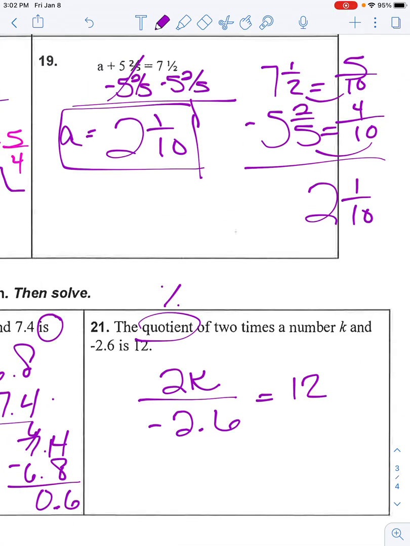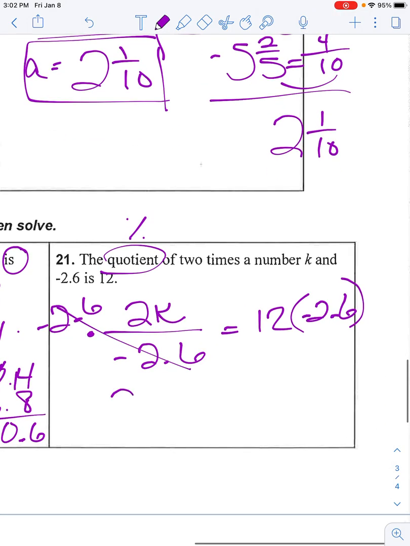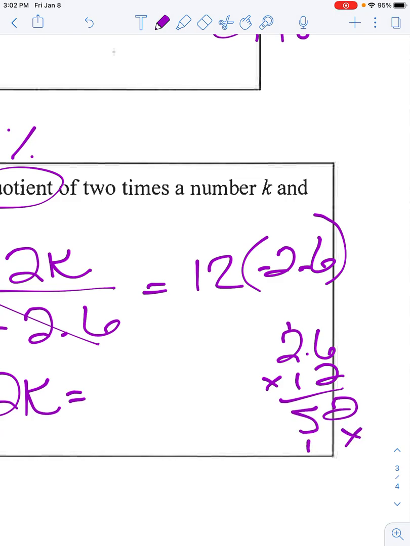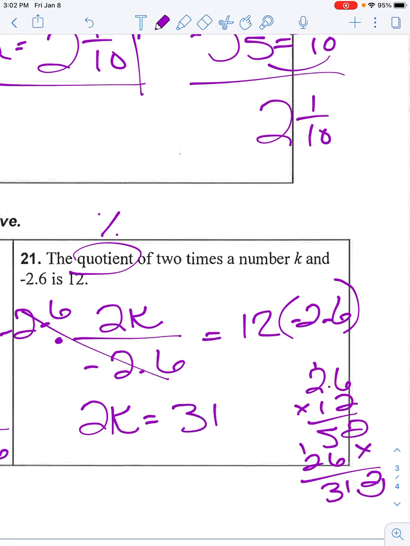Okay. The first thing we're going to do is get rid of that negative 2.6. We divided by it. So we're going to multiply by a negative 2.6 first to get me with my 2k. So 2.6 times 12 is 31.2, and it's going to be a negative because I got a positive times a negative, which is a negative.